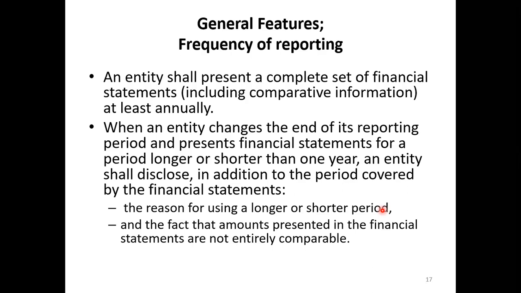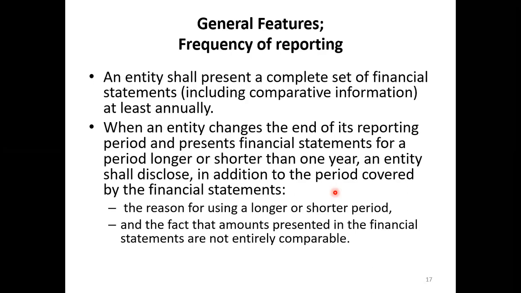So exceeding 12 months. In such instances, they have to clearly explain the reason for using a longer or shorter period for the reporting of financial information, and the fact that amounts presented in the financial statements are not entirely comparable, right? So in the previous period they prepared financial statements for 12 months, but now they have prepared financial statements for a shorter or longer period.